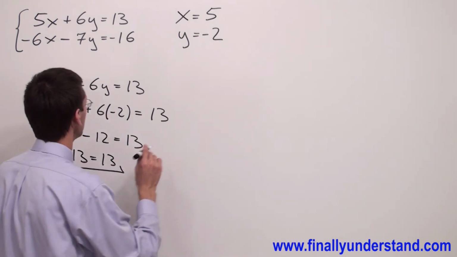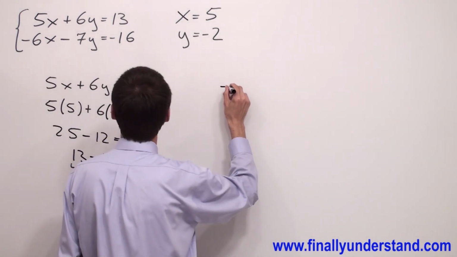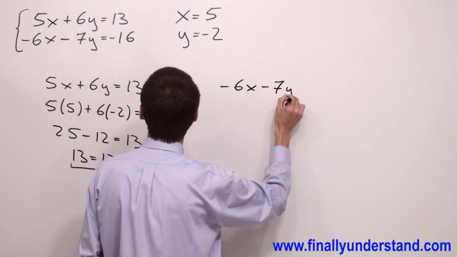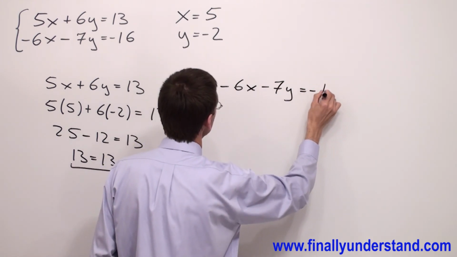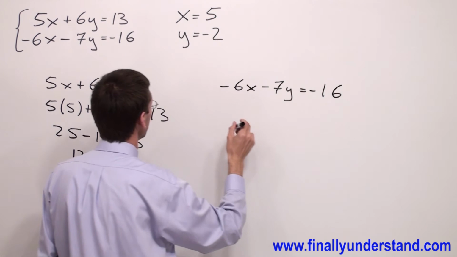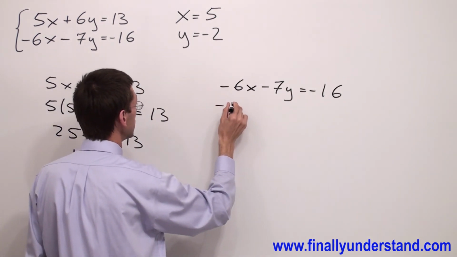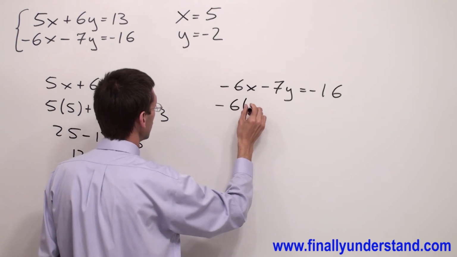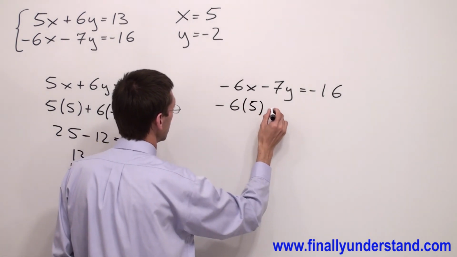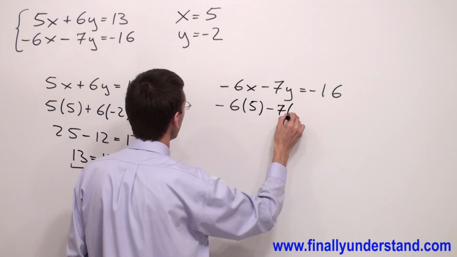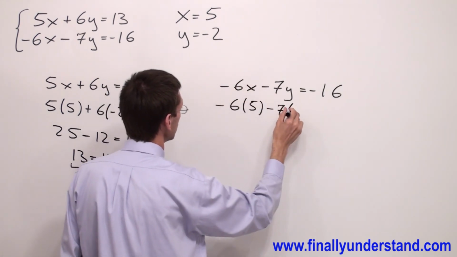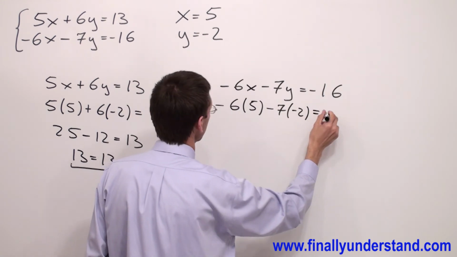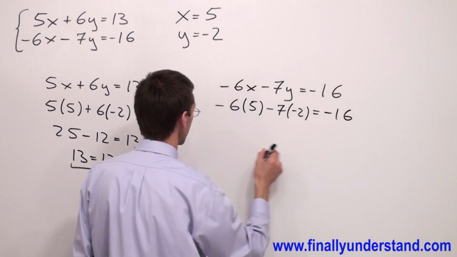Let's check another one. We have negative 6x minus 7y is equal to negative 16. I have negative 6x, I have to substitute by 5, minus 7 times y, which is equal to negative 2, equals negative 16.